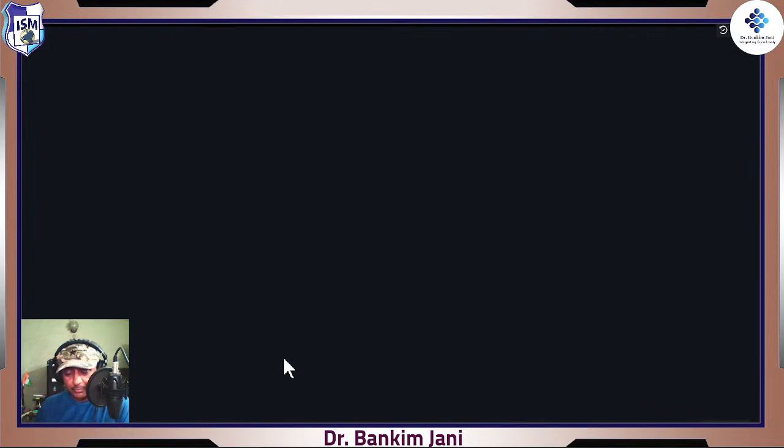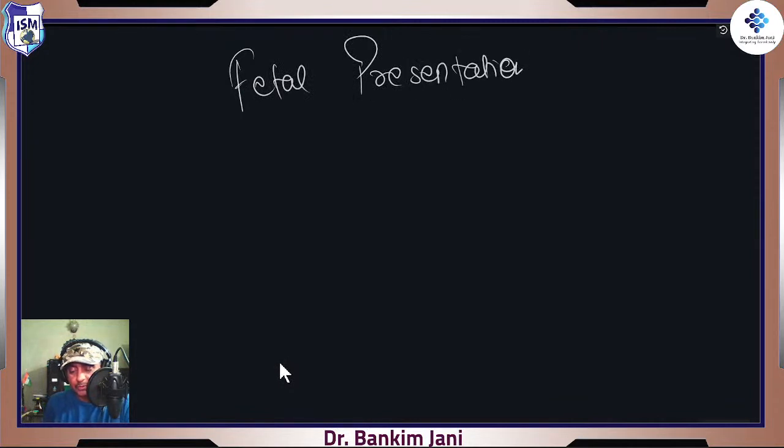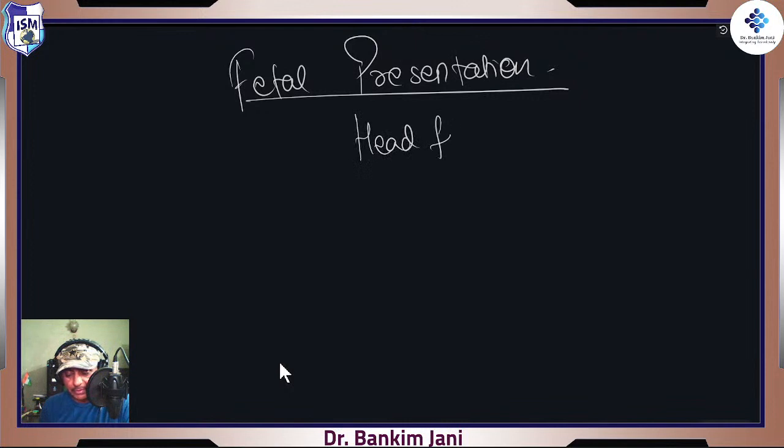Regarding the fetal presentation, we said fetal presentation. So what was that? Fetal presentation was which part would appear first. If it is head first, then it is called the vertex presentation.